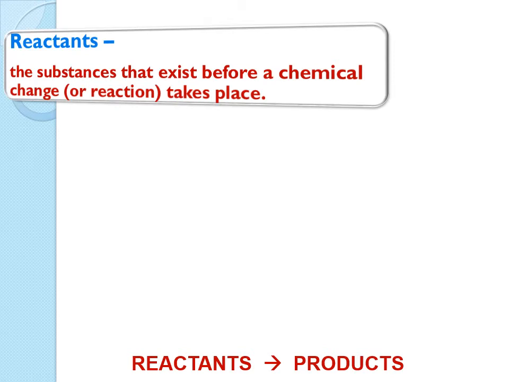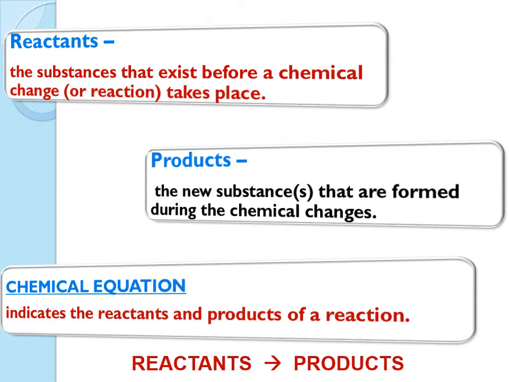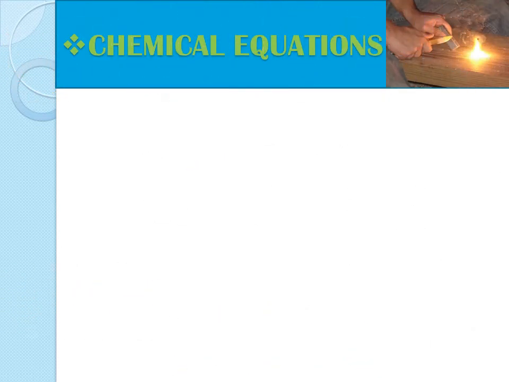Let us discuss terminology related to a chemical reaction. What are reactants? The substances that exist before a chemical change or reaction takes place. Products, the new substance or substances that are formed during the chemical changes. Chemical equation indicates the reactants and products of a reaction.